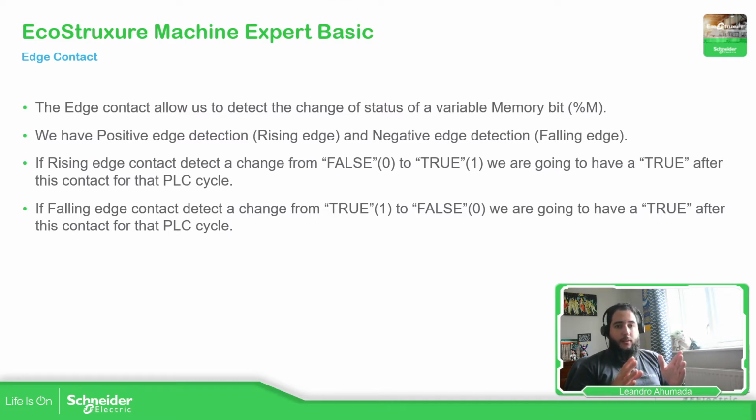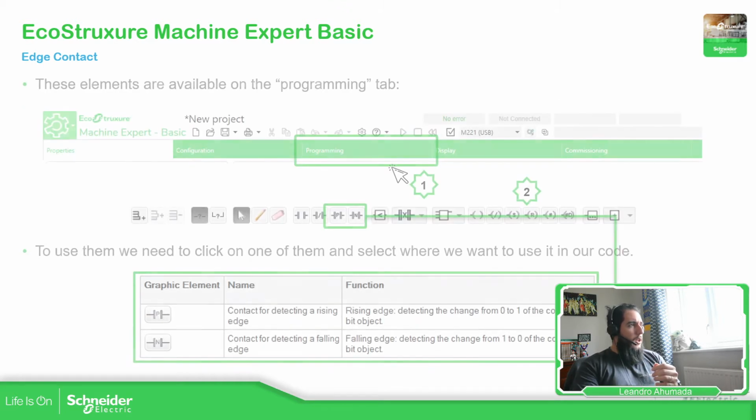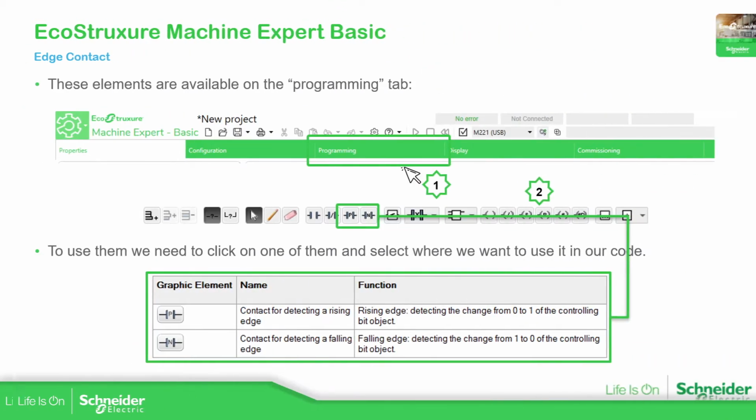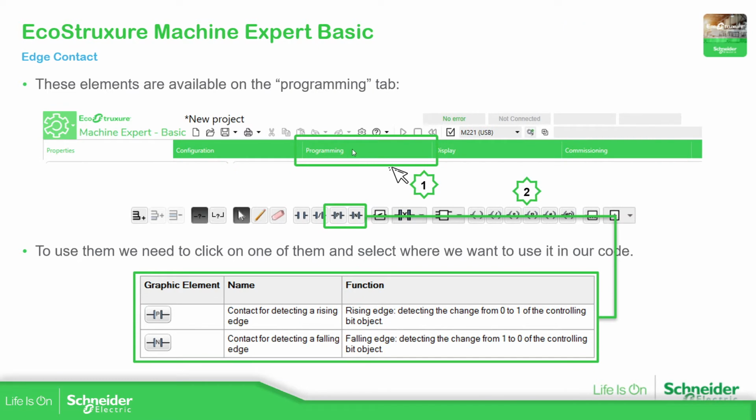These contacts can only be used for the %M bits that we have in our software on the PLC, and in order to add these elements into our application, we need to go to the programming.